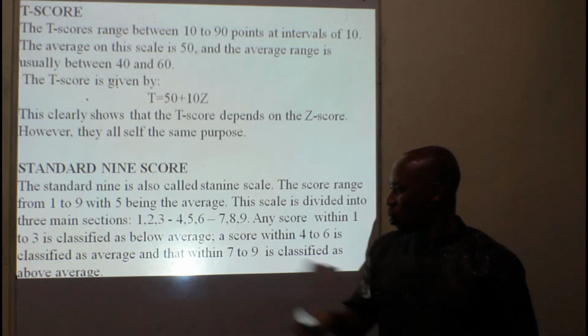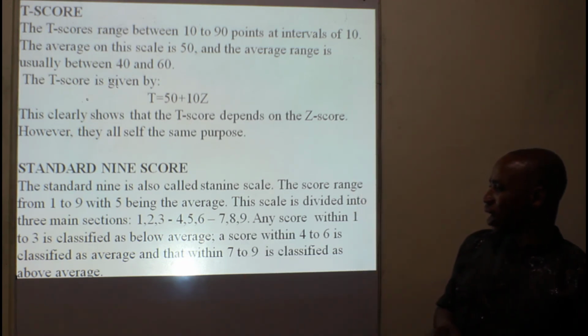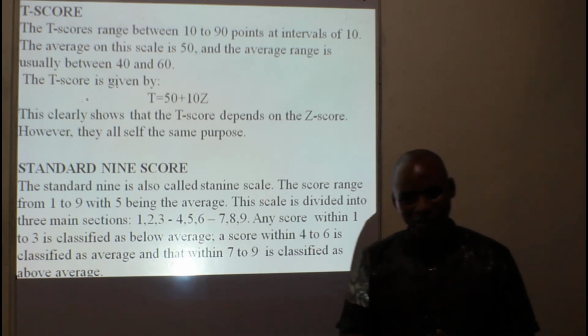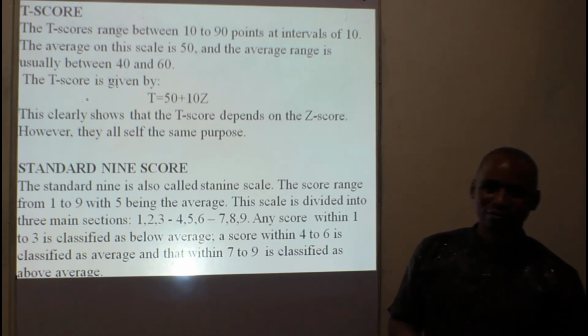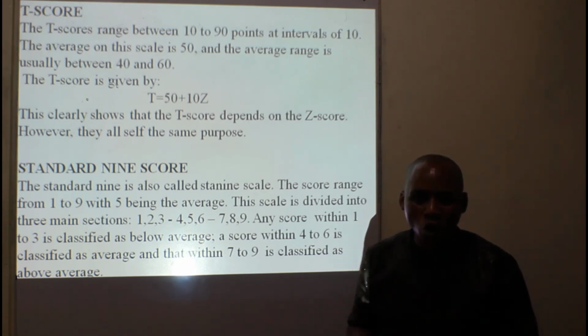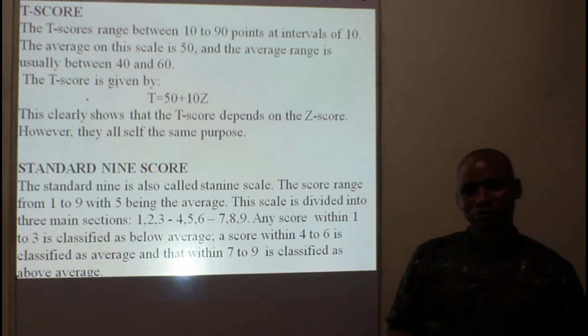Whenever a student scores or an item falls within the first section, that is 1 to 3, that item is classified as below average.